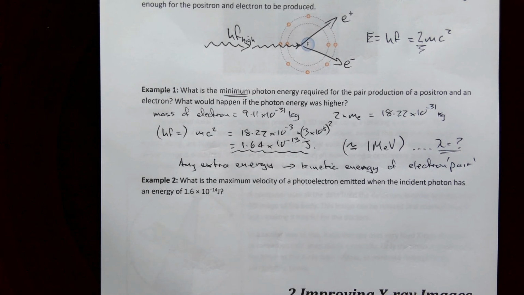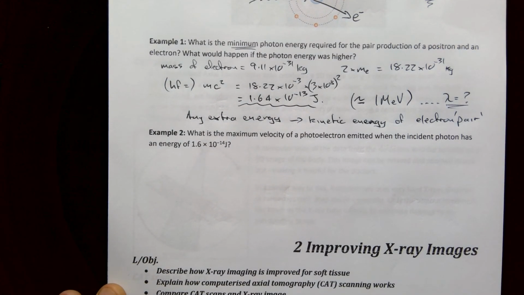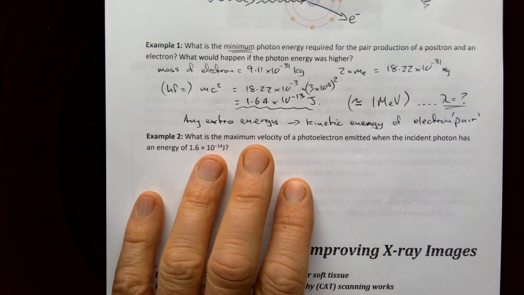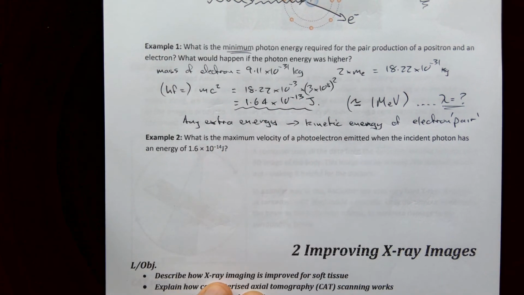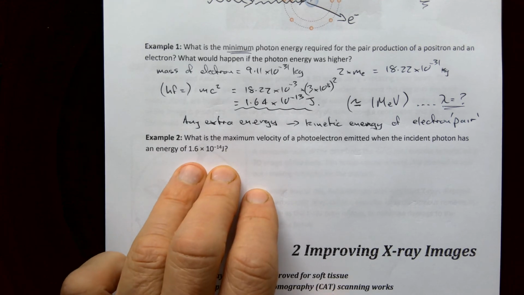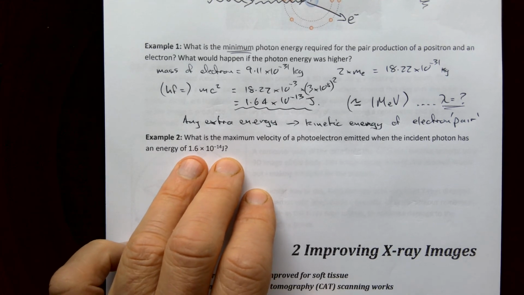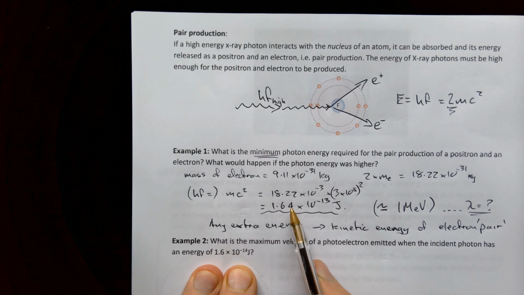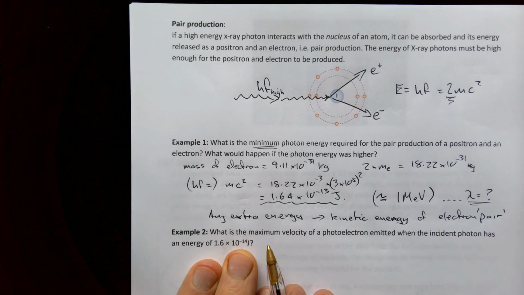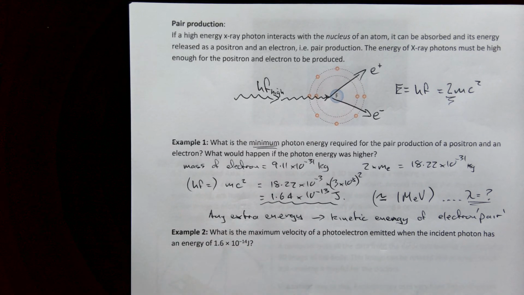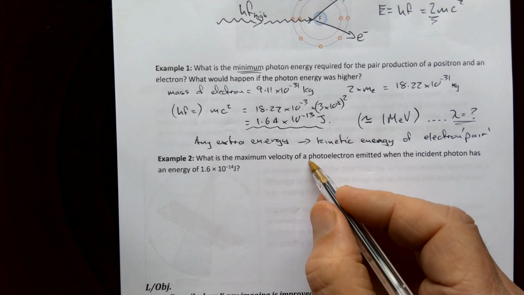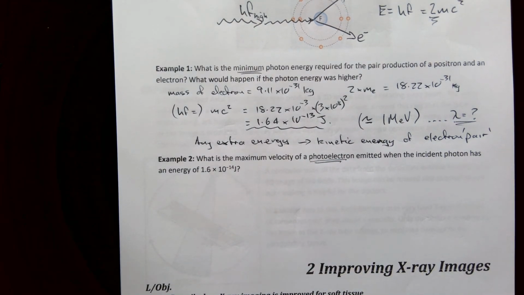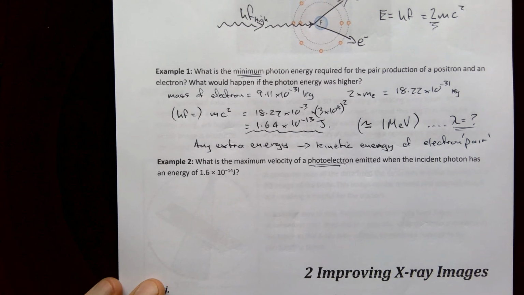Okay, let's work it backwards, a little bit of a twist on things. If you did have a photon of slightly smaller energy, we don't have as much going on, so this process here is not pair production. It could be the Compton effect, but let's assume that it's just going to be the photoelectric effect, from the phrase photoelectron. So for that one, we'll just work on the idea of that.